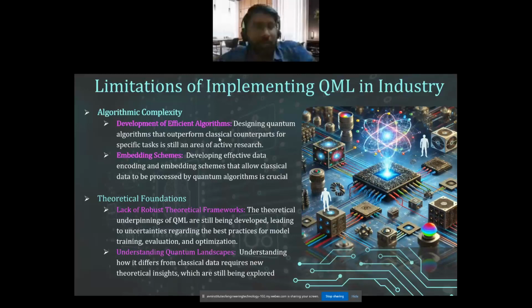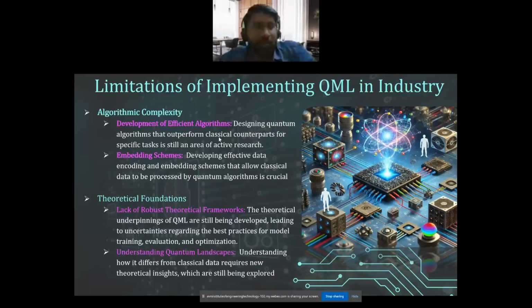And then the theoretical foundations. We have the lack of robust theoretical frameworks, since it's a new technology, it's in R&D, right? So lack of robust theoretical frameworks, and then understanding the quantum landscape is also another limitation.